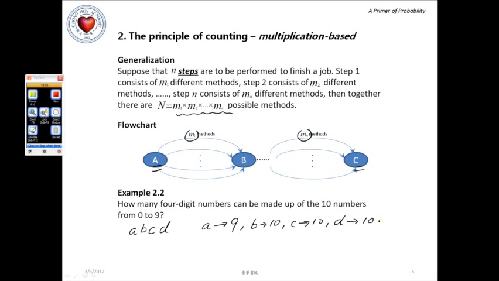Can we double check if all steps are necessary and sufficient to finish the required job? Yes, once we determine A, B, C, and D, we can get the 4-digit number. So finally, we do the multiplication calculation like this. Together, there are 9 times 10 times 10 times 10 equal to 9 times 10 cubed different ways to make up 4-digit numbers.